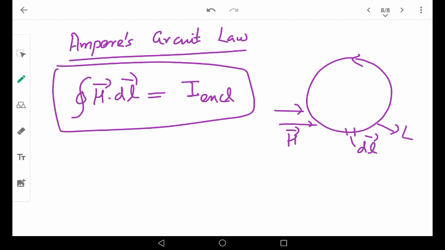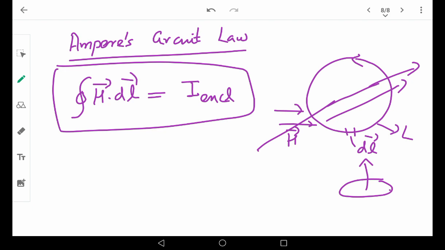For example, if there is some current going through this, and there is a path enclosing that current. This is the path, enclosing the current. You take the integral of the magnetic field around the closed path, then it will be equal to the current enclosed, right?